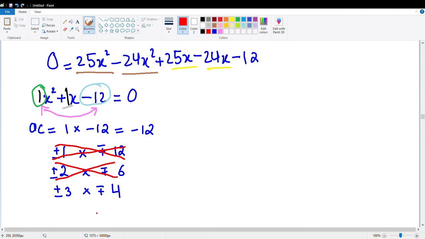Next, we're down to these guys. Which one is it going to be? Plus 3 and minus 4 is going to be minus 1. But then minus 3 and plus 4 is going to do it, because we're going to get plus 1 from that. So that means that these two are the pair.